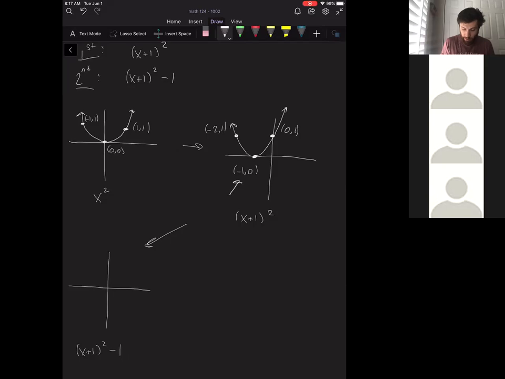Our y value is 0. If we subtract 1, we're going to get a y value of -1. So down here, -1, -1. Here we have a y value of positive 1. If we subtract 1 from it, we get 0. Nothing changes to the x, so the x still stays 0. So now we have the point 0, 0. And over here we have -2, 1. Subtract 1 from the y value, we get -2, 0.